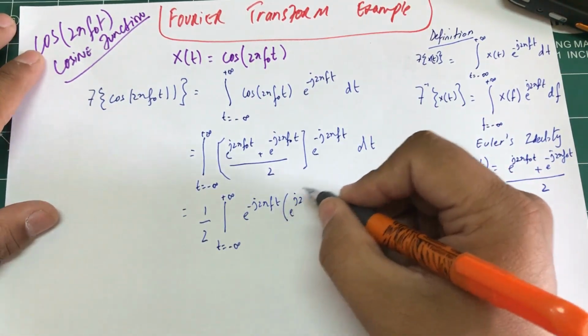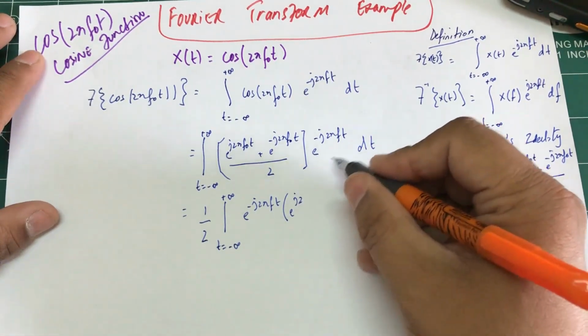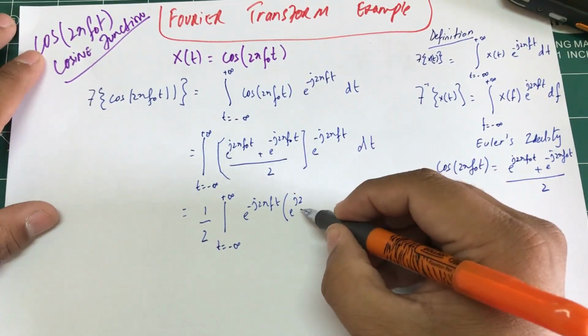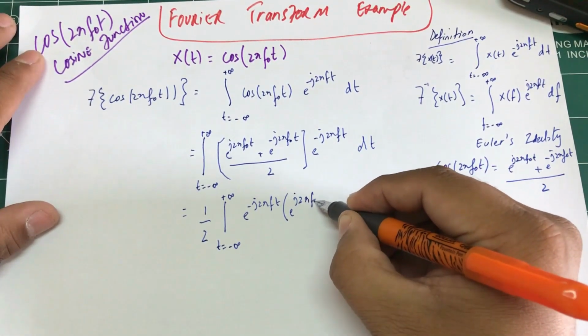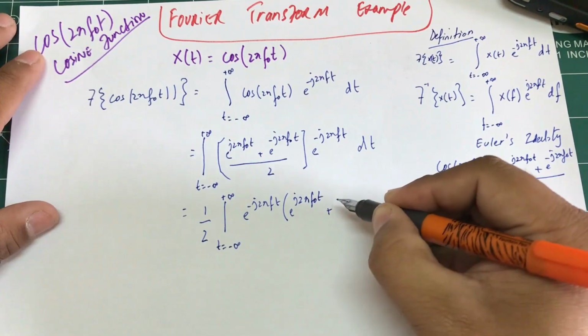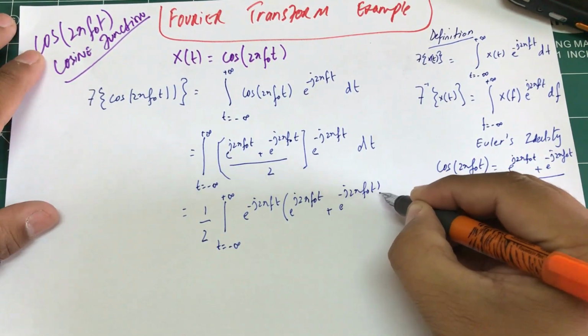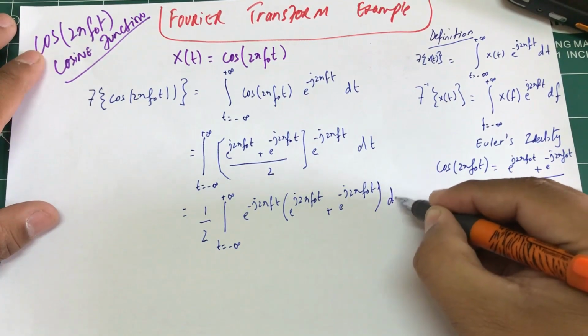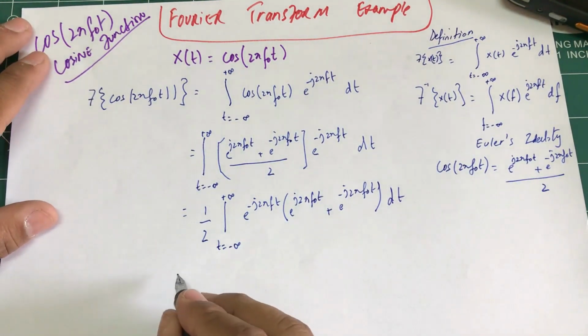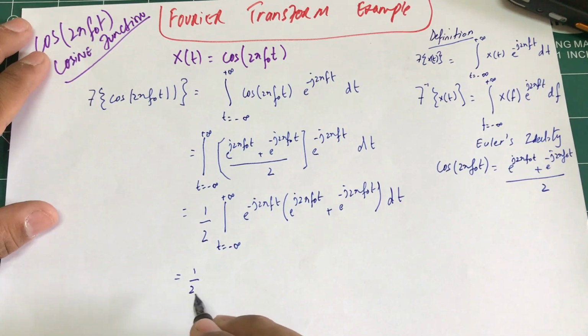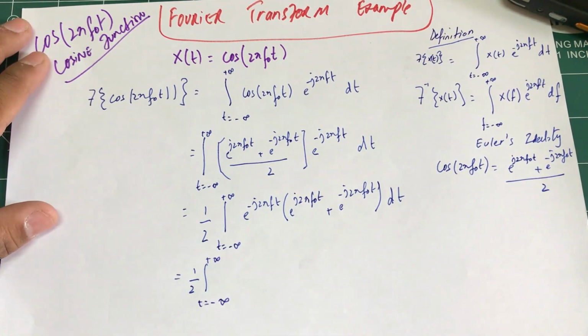So this is going to be e to the negative j 2 pi ft multiplied by e to the j 2 pi f naught t plus e to the negative j 2 pi f naught t dt. I can individually write them with t from negative infinity to positive infinity.